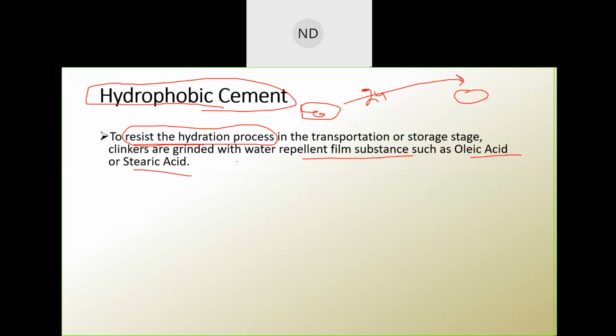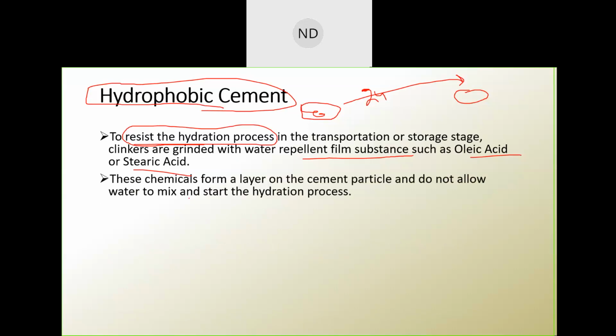That means it is ready to give you that much strength, and wherever you use it, it is ready to set or harden. So depending upon your situation or circumstances, you can use hydrophobic cement when you want your hydration process to be slow.